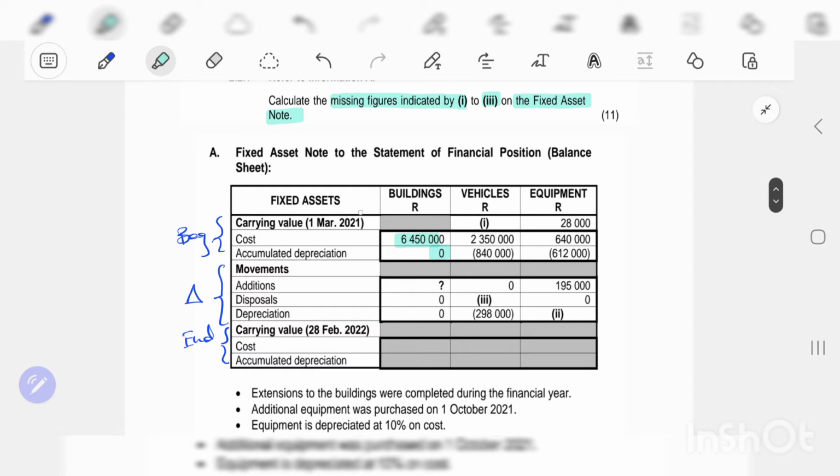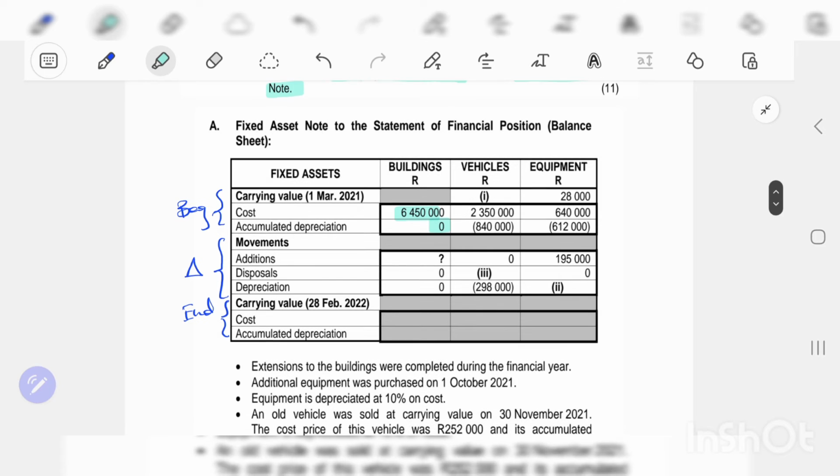Under vehicles you have a cost of 2.35 million and an accumulated depreciation of 840,000. For you to be able to calculate the carrying value, remember, carrying value is cost minus accumulated depreciation.